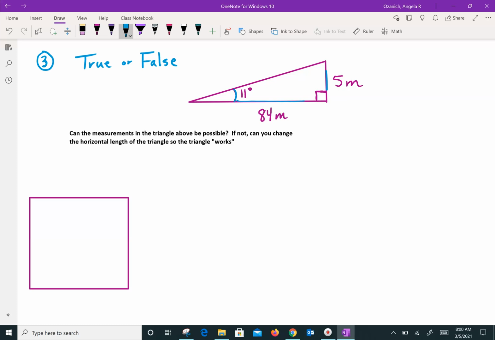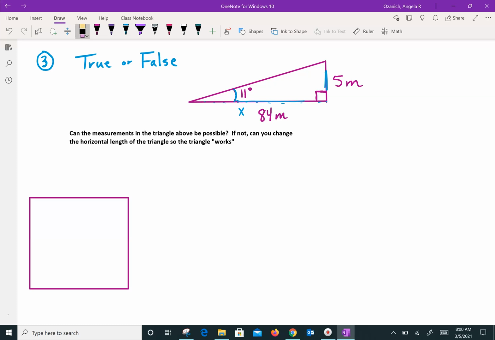There are a couple different ways. We could actually use tangent to find the value of this line given a vertical height of 5 meters and an 11-degree angle. We could do that. We could also just set up the proportion and see if it's actually true.